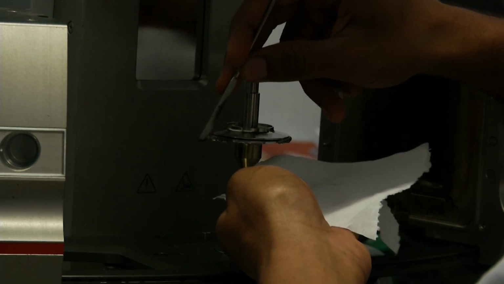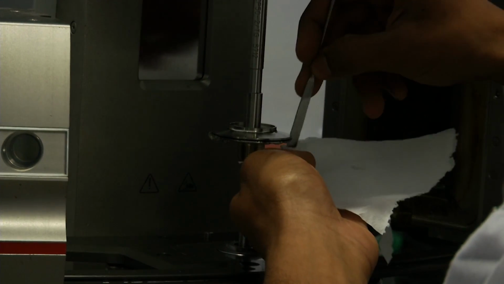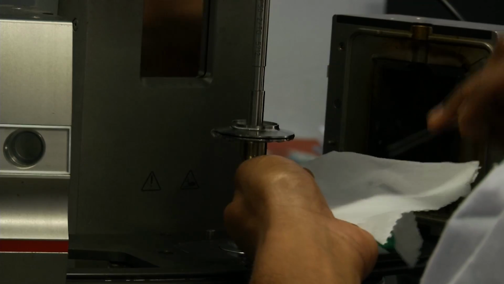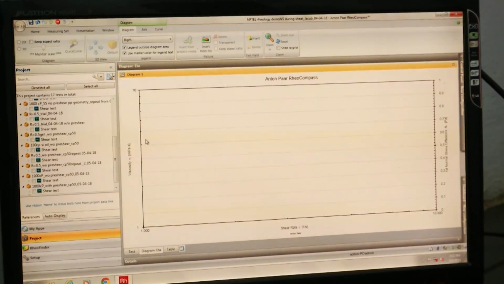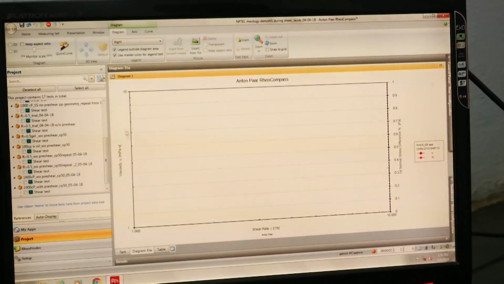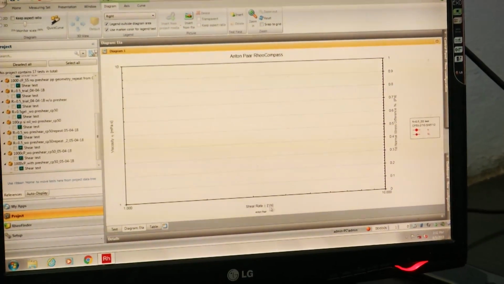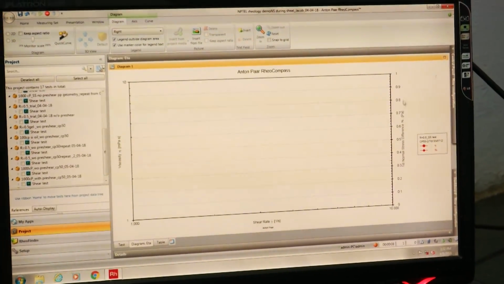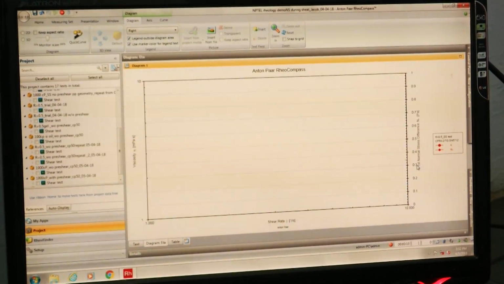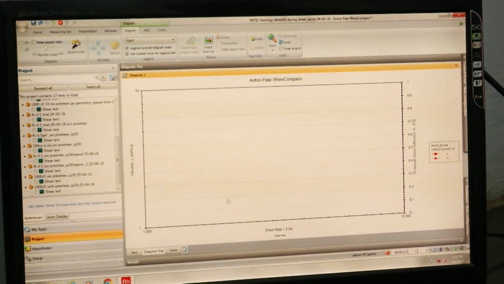After the geometry is lowered, the excess sample is trimmed out using a spatula. This graph that is shown here shows viscosity on the y-axis and shear rate on the x-axis. On the second y-axis, there is the first normal stress difference, and the test has started now.